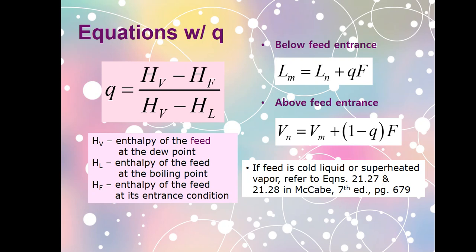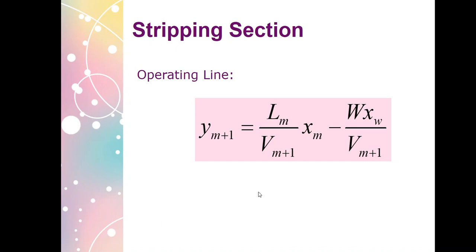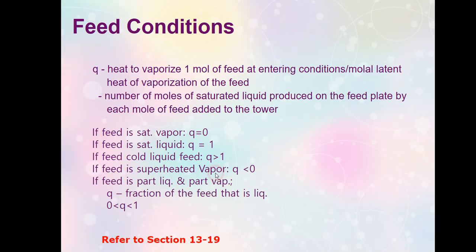Now, I have mentioned that when we do the graphical approach in determining the number of stages for distillation, the stripping section operating line is the last line to be drawn. Why? Because after the enriching section operating line or the rectifying section operating line, we draw first the Q line or the feed line. It gives us a graphical representation of the condition of the feed.